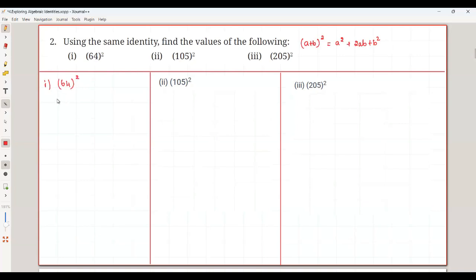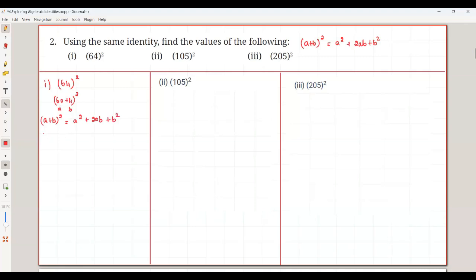64 the whole square means 64 can be written as 60 plus 4, the whole square. In 60 plus 4 the whole square, we can take this as A and this as B. Using A plus B the whole square is equal to A square plus 2AB plus B square, I can just replace with A is 60 and B is 4.